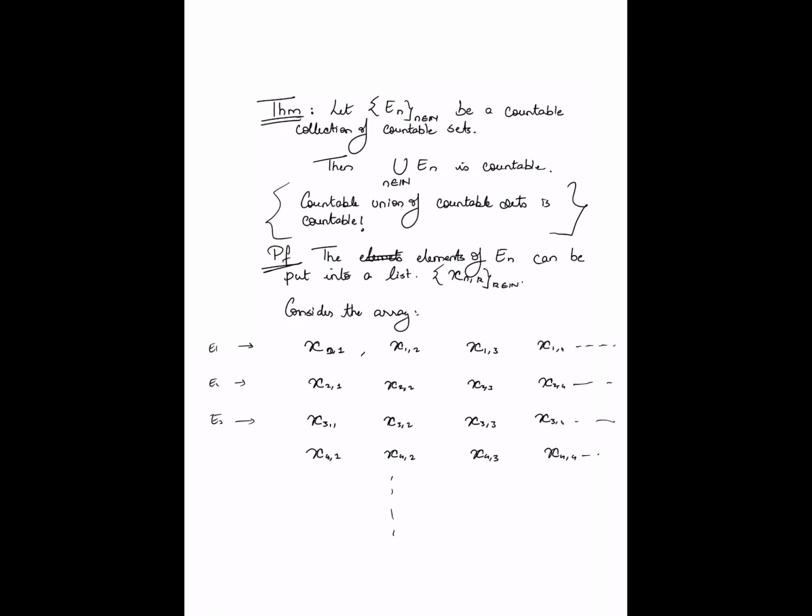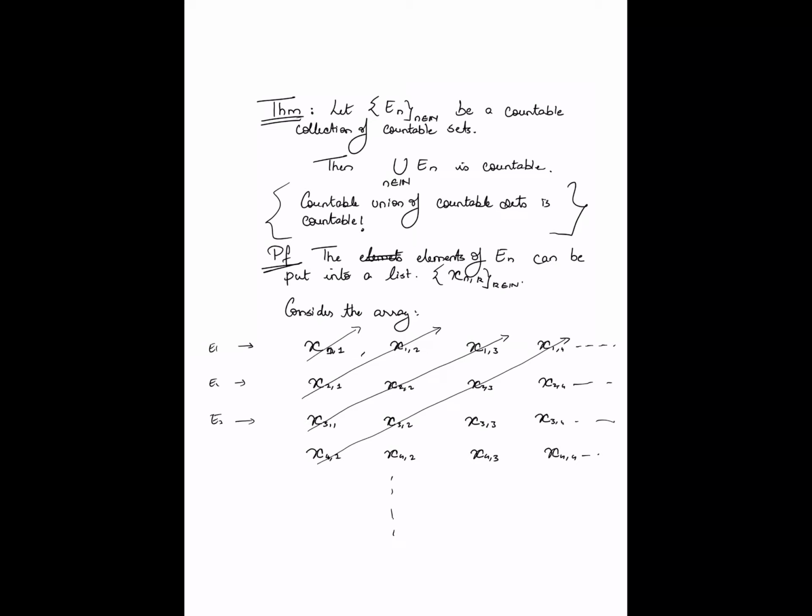The first element of my list is going to be x_{1,1}. Next I'm going to take x_{2,1} and x_{1,2}, the next diagonal. Then I'm going to take x_{3,1}, x_{2,2}, x_{1,3}, the third diagonal. Then I'm going to take the diagonal below, and so on. This is how I'm going to sweep this two-dimensional array into a list.